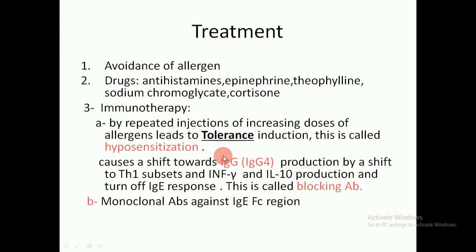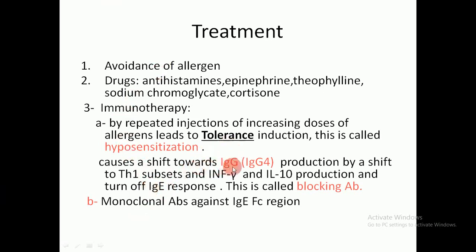As you know, when an allergen enters the body it leads to IgE, while here vaccination induces IgG4 by a shift to the T helper 1 subset, gamma interferon production and interleukin 10 production, and turns off the IgE response. So there is no production of IgE.